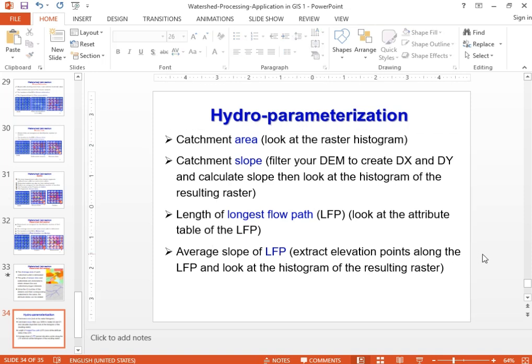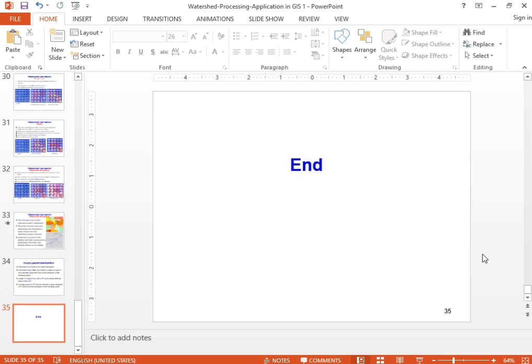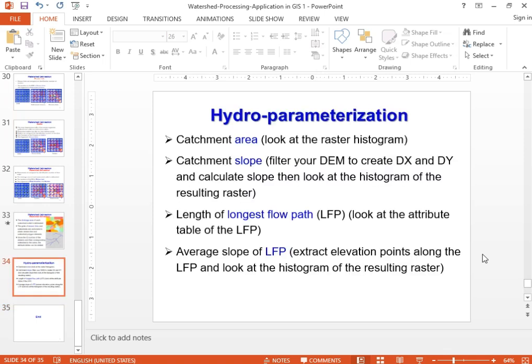So this tutorial is very important in order to know those parameters from a watershed, and to further do hydrological studies on the delineated watersheds. I think it is very important for you guys.